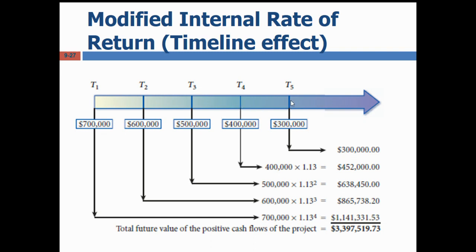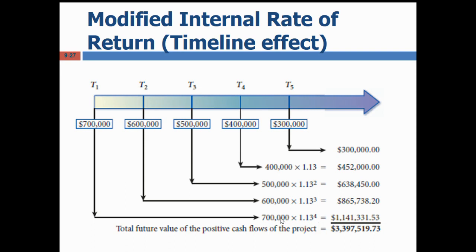1, 2, 3, 4 years. If the duration is 5 years and you get the money at the end of year one, you have 1, 2, 3, 4 years remaining to reinvest. So 700,000, let's assume your cost of capital is 13%, to the power of 4, because you're reinvesting for the next 4 years.